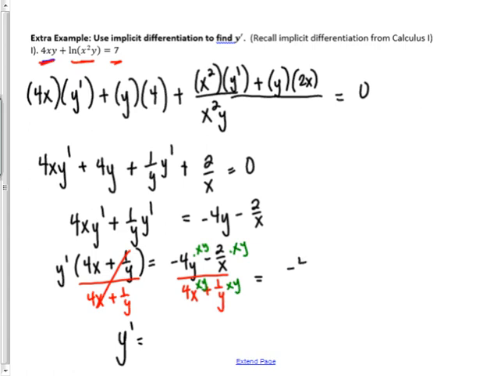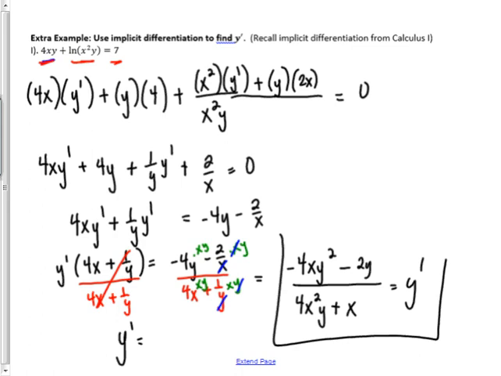I get a negative 4xy squared minus, all right here, the x's cancel, and I just get minus 2y. On the bottom, I get 4x squared y plus, and the y's cancel, I get plus 1x. Okay, and so there is my derivative.